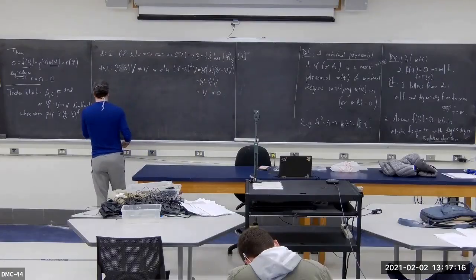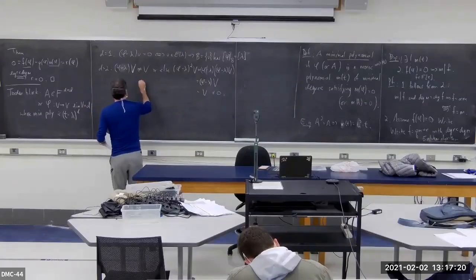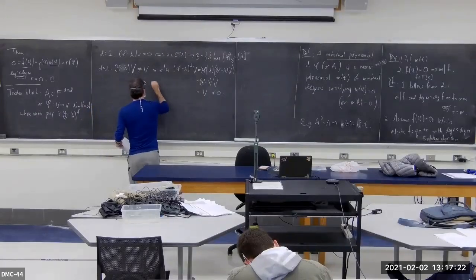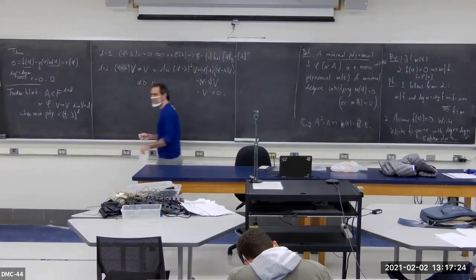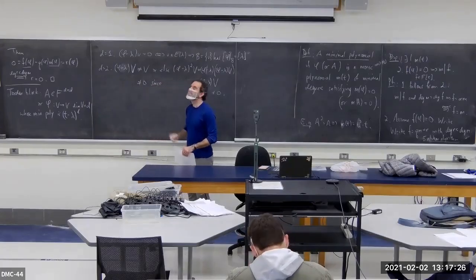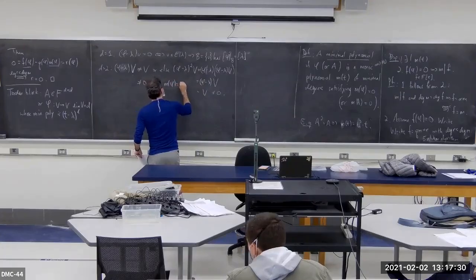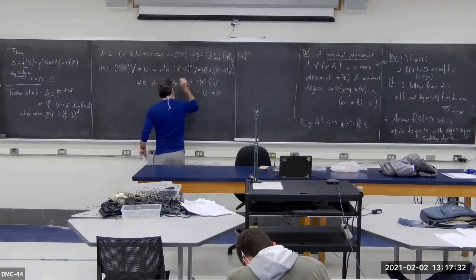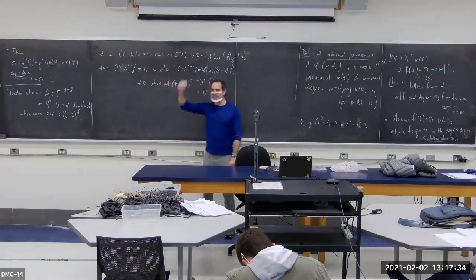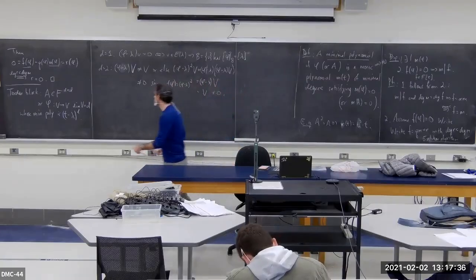On the other hand, we know that (phi minus lambda) V is not 0. Why? Otherwise, the minimal polynomial, since m of phi is (phi minus lambda) squared, can't be 0 because we said we have to square it.